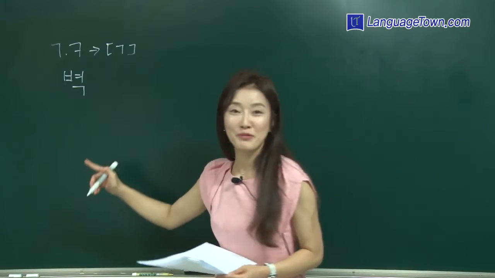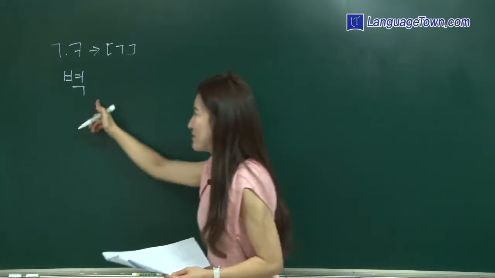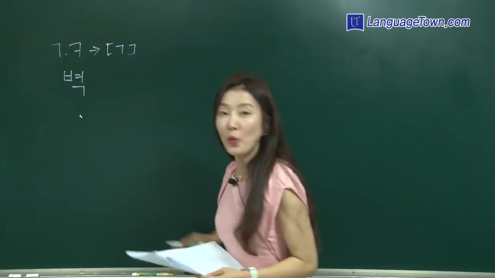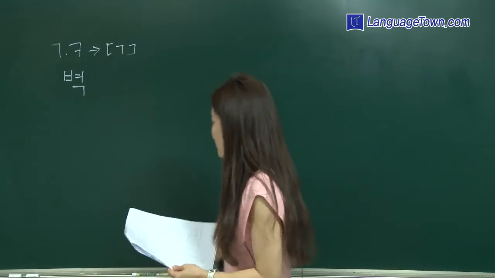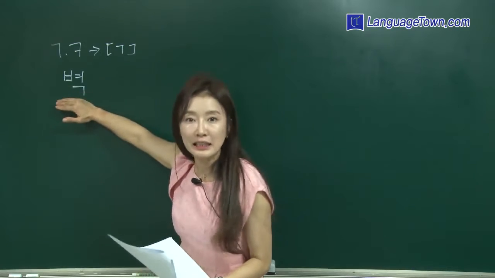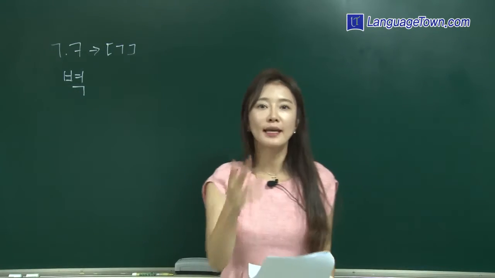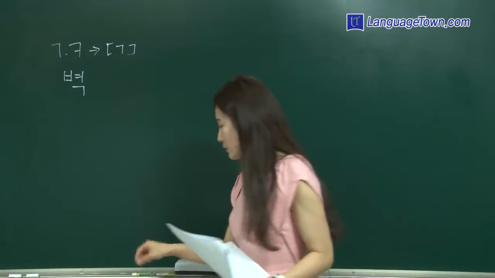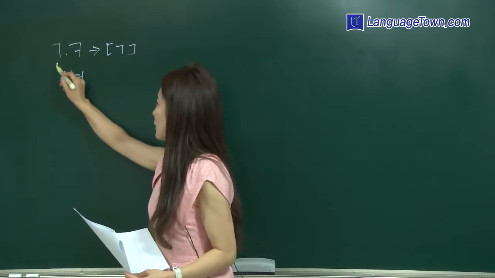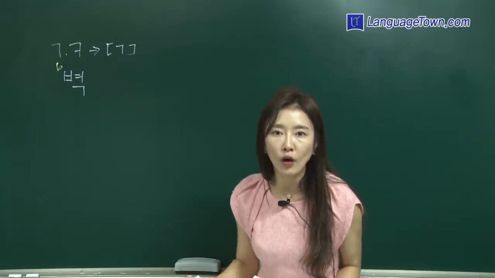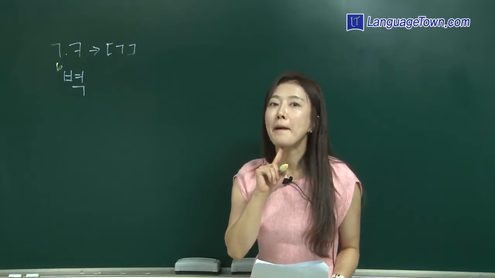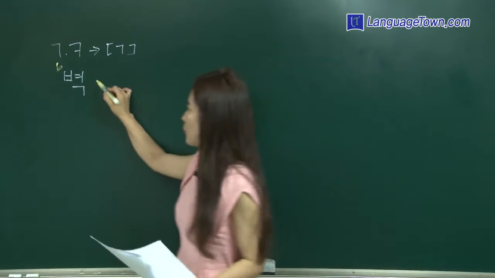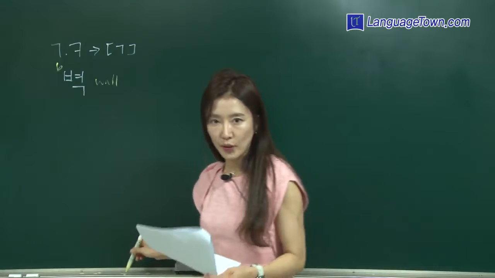I know it's not easy, but this is 벼. And so 벽. Try 벽. It's more like a P sound. So 벽, 벽. Good. You know, wall is 벽. Wall is 벽. Doing good.